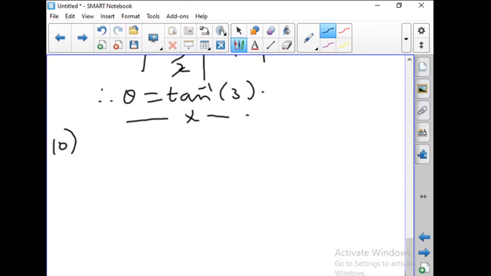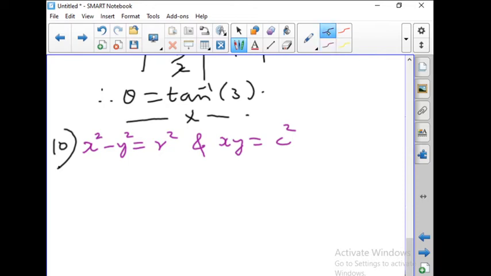Next question number 10. Show that the two curves x square minus y square is equal to r square and xy is equal to c square, where c and r are constants, cut orthogonally. Okay, cut orthogonally. So what does cut orthogonally mean?